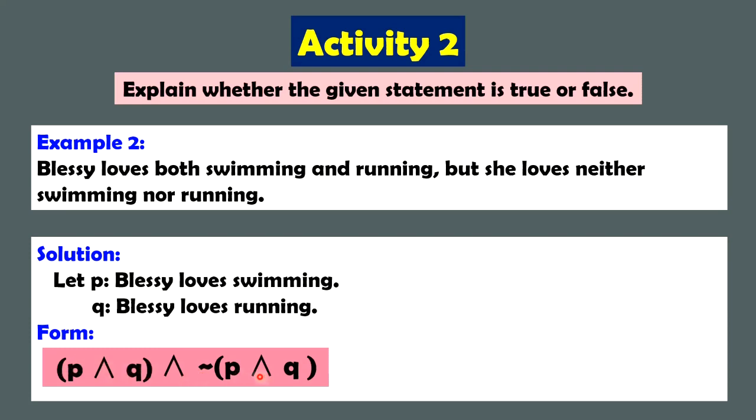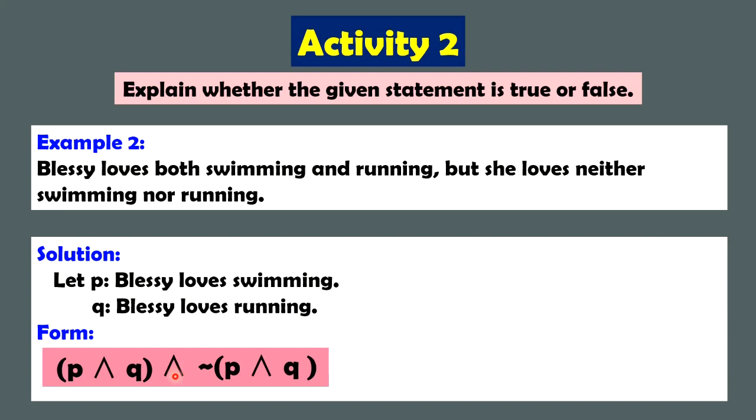False. So what can you say about the combination of a true statement and a false statement using the word "and"? It is false. Because when it's "and," it's only true when both statements you combine are true. So this is by inspection.